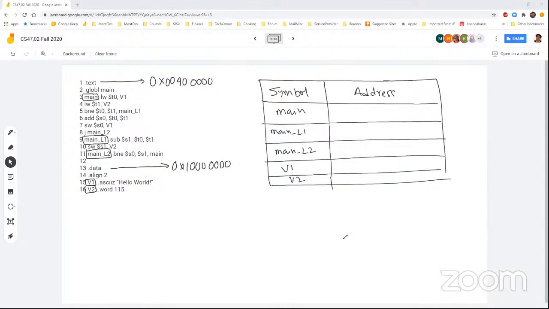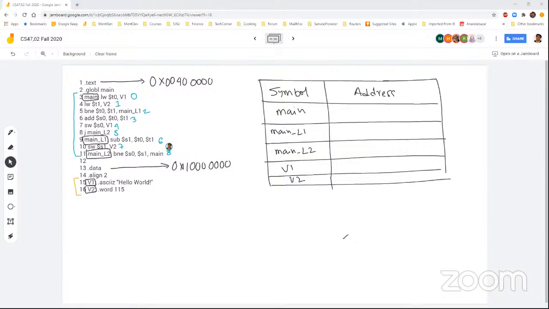Now to make our life easy, we index the instructions in the program. These are my instructions and these are my data. So I index instructions starting from 0. This is instruction 0, this is instruction 1, this is 2, this is 3, this is 4, this is 5, this is 6, this is 7, this is 8.